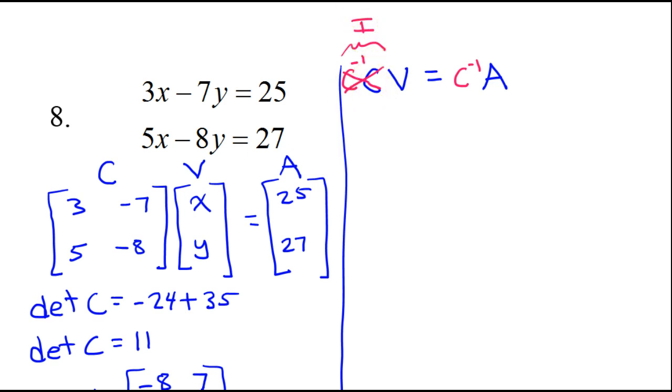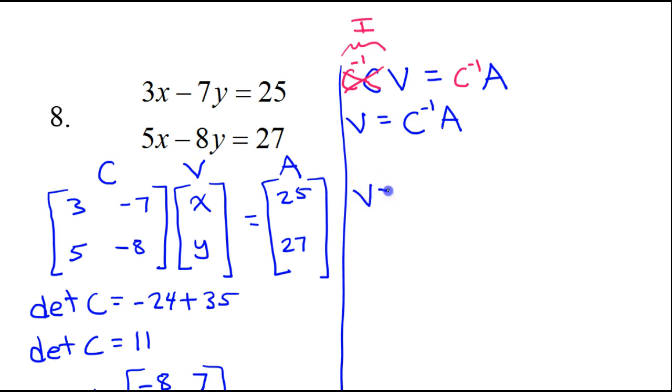And the identity matrix has the property that if you multiply the identity matrix times matrix V, you're just going to have matrix V. So it's kind of like these canceled each other out, but it's because they made the identity matrix. So, in other words, matrix V all by itself should now equal C inverse times matrix A. So this is what we're going to use to do the rest of our calculations.